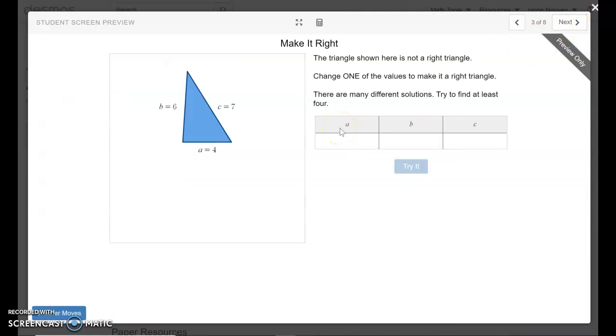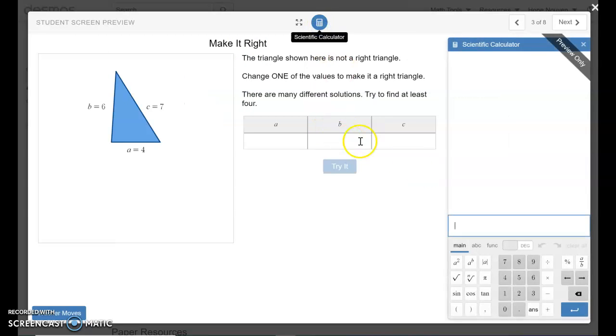This one is really cool. It gets students to change their values to find which one is what makes a right triangle. It won't let me try it right now, but I'll give you an example. They can do 4 squared plus 6 squared. Okay, that gives you 52.